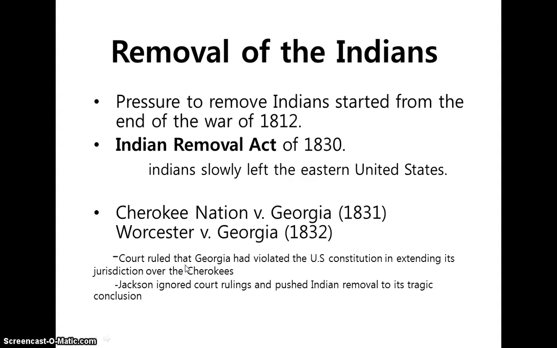The Cherokees were getting forced to move, and Jackson, who was the president, ignored the court rulings and decided to put more pressure on the Indian Removal Act of 1830, and yeah, the Indians had to move forcefully.